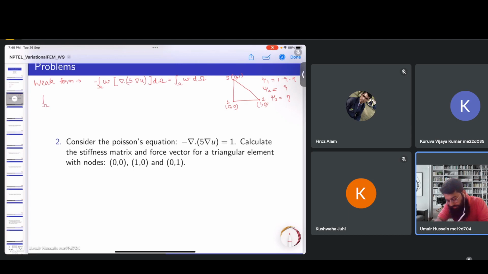So what do we get here? Let us skip the boundary term for a while, we don't need it for this problem.